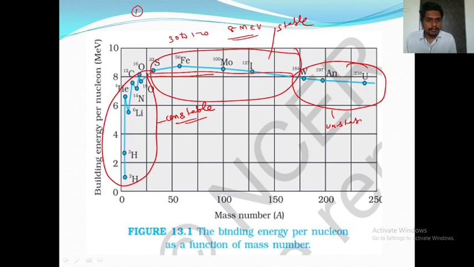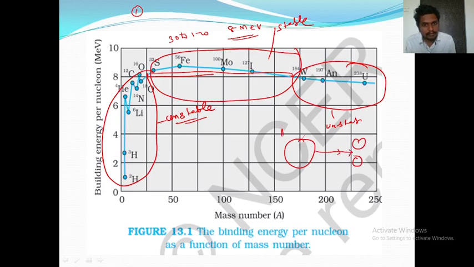So what do the heavier nuclei do? Heavier nuclei undergo the nuclear fission process. The heavier elements break up into two intermediate fragments.